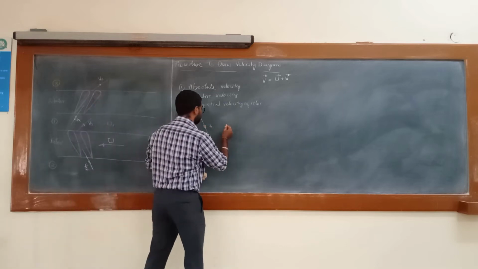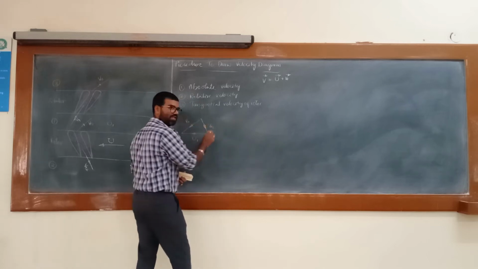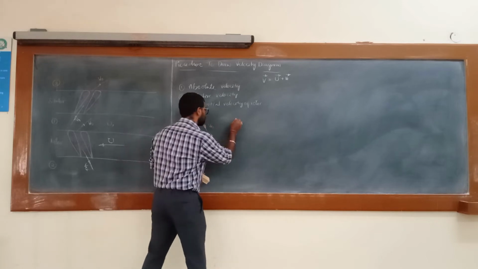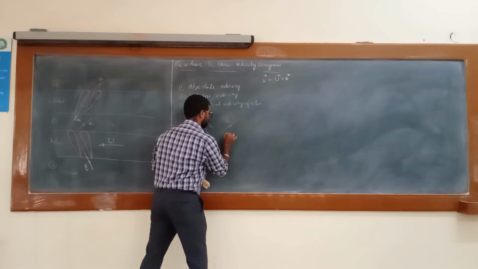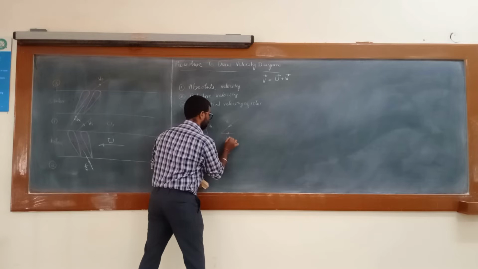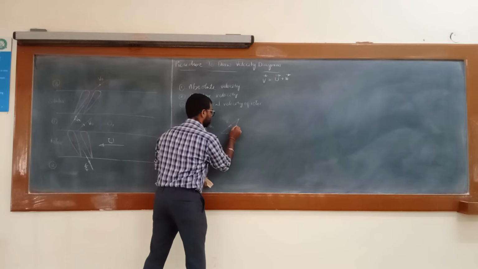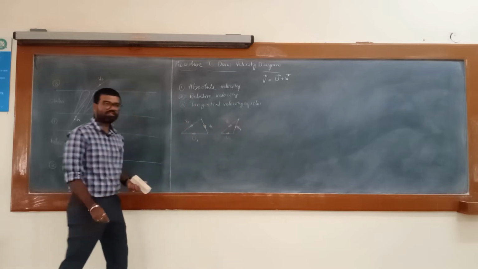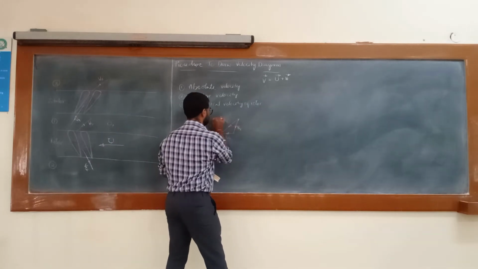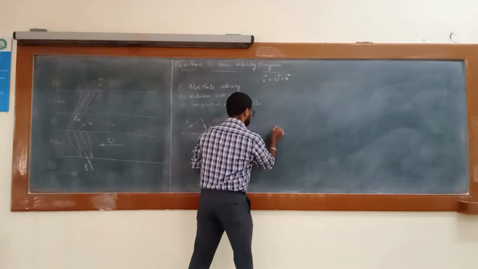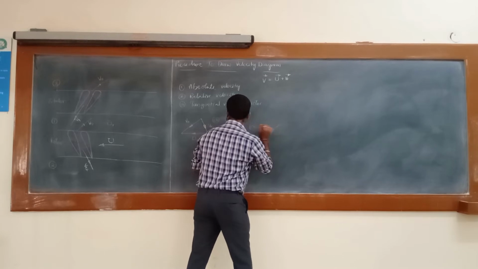Either you can draw it this way also. See, this is an acute triangle. You can also draw it in the form of an obtuse triangle like this: V1, U1, VR. Otherwise, you can draw it this way also. This is V1.